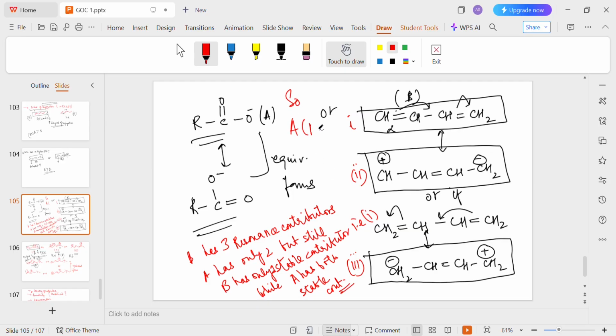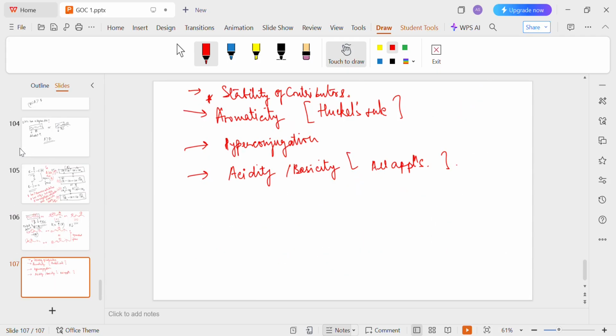B structure has 3 resonance contributors but A has only 2, but still A has a higher resonance energy because the contributors are stable and equivalent. In B structure, only one contributor is stable, the other two contributors are unstable and contribute very little to the resonance hybrid. Okay, so this you should know.